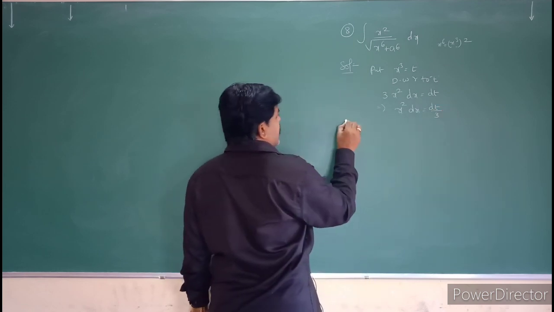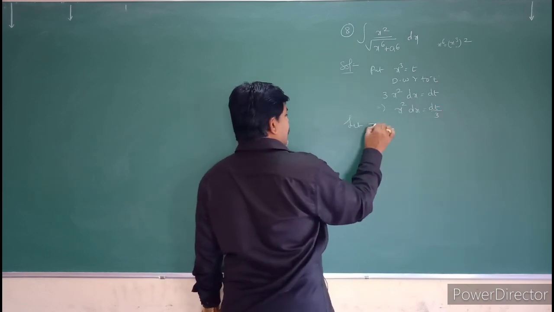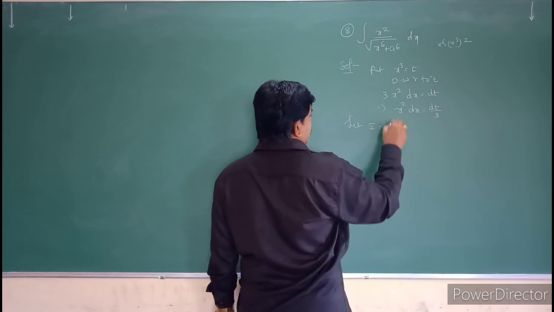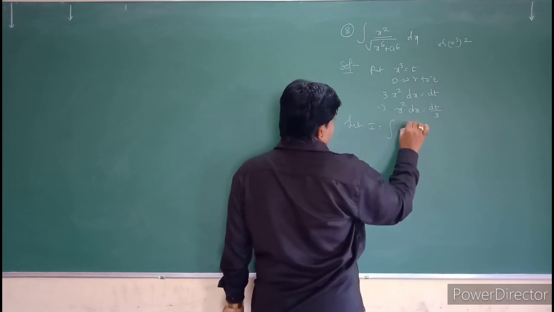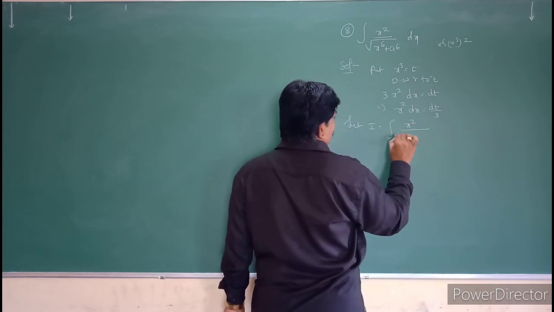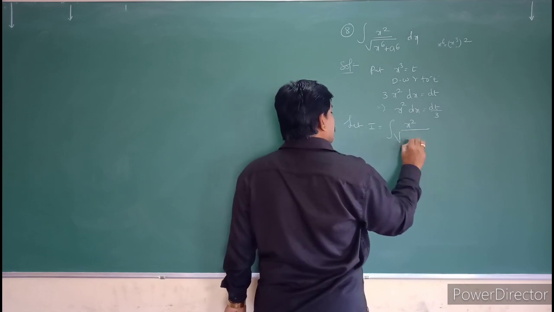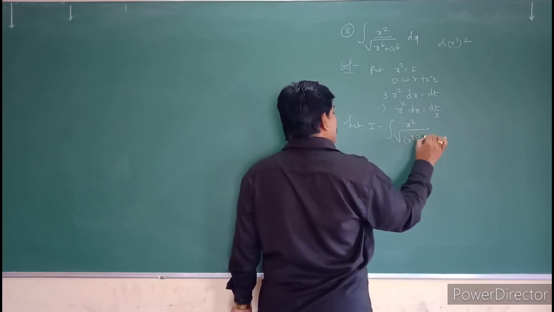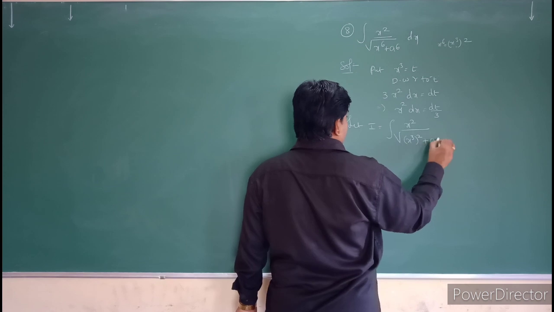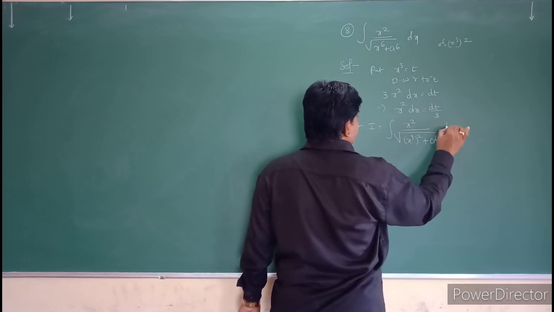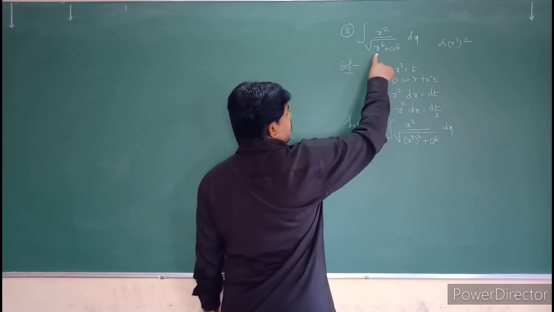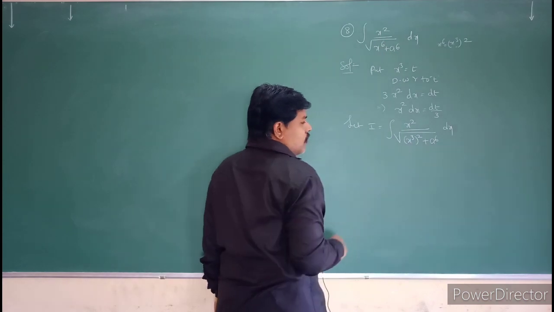Take the problem as I. Let I is equal to integral of x square by root of x cube whole square plus a power 6 into dx. This x power 6 you can write as x cube whole square.